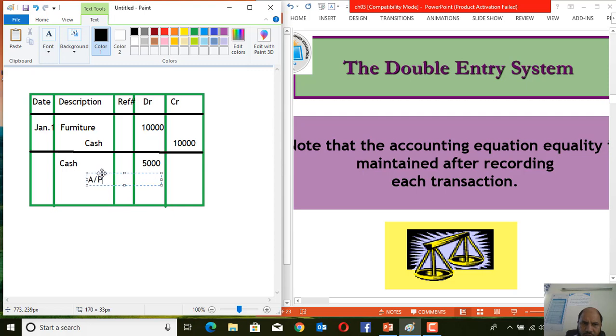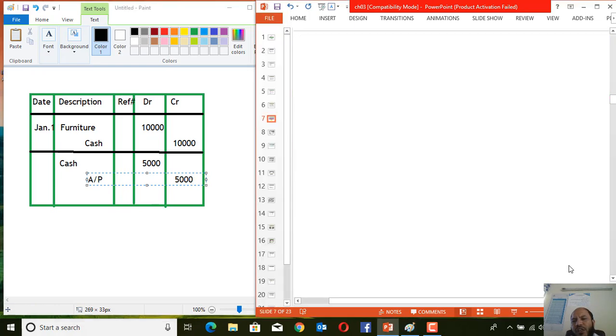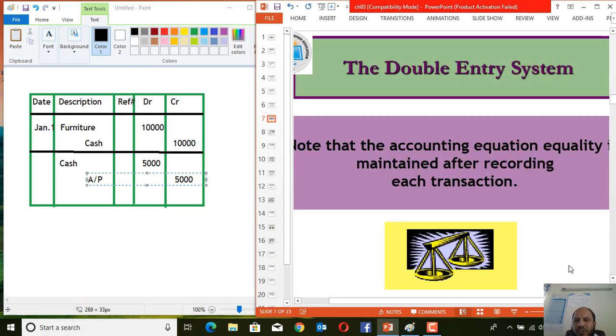This liability account has the same amount, 5,000. So see, again both sides of the recording are equal. So when we are recording transactions in the double entry system, the focus of accounting is on the equation of each transaction.